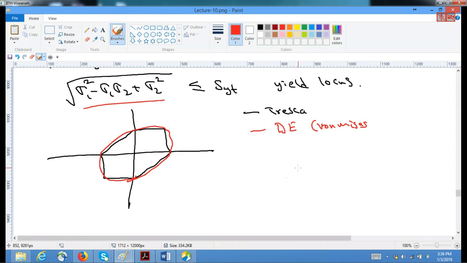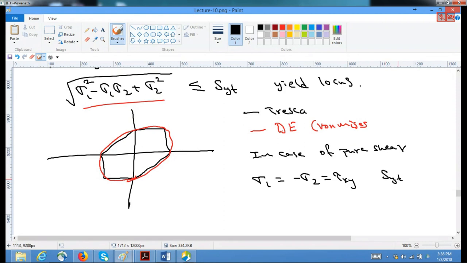So based on that, for example, if you want to write it in the case of pure shear, where sigma 1 is equal to minus sigma 2 is equal to tau xy, we can show that SYT is equal to square root of 3 times tau xy. That makes the strength in shear, the yield, given by SYT divided by square root of 3.